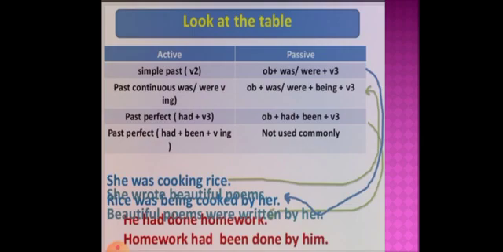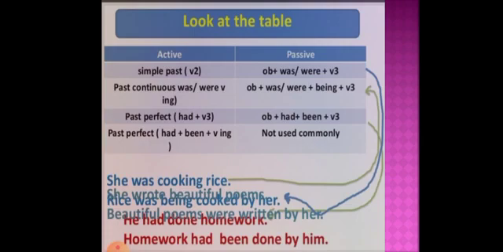Then there is past continuous, including was, were plus ing, which will be changed in passive to object plus was, were plus being plus V3. For example, she was cooking rice. Rice was being cooked by her.